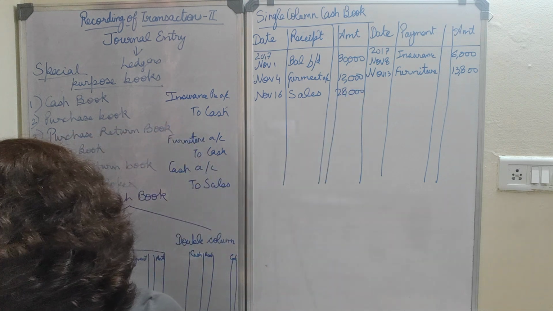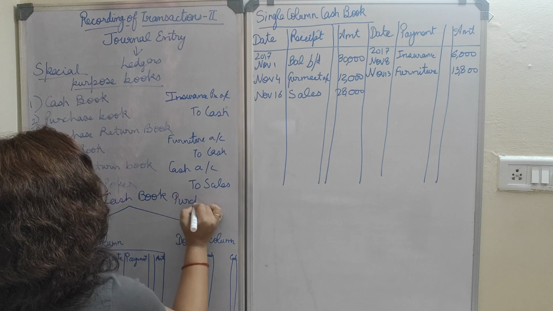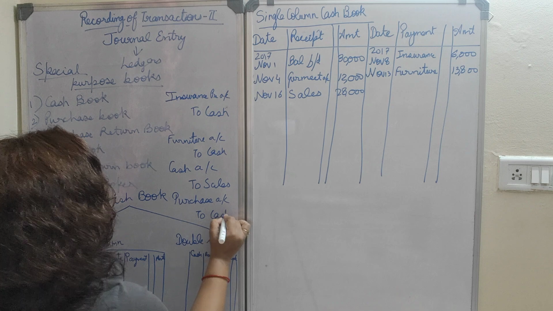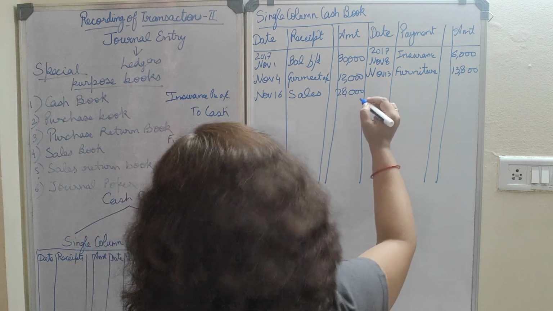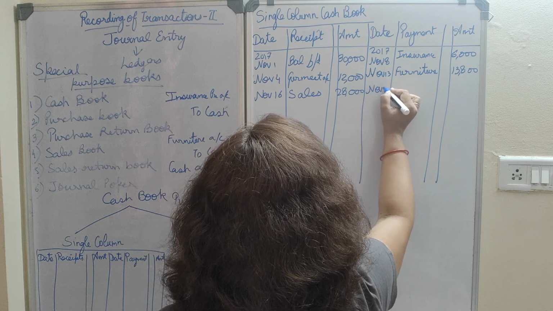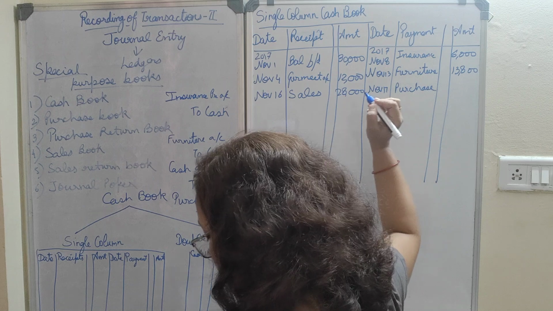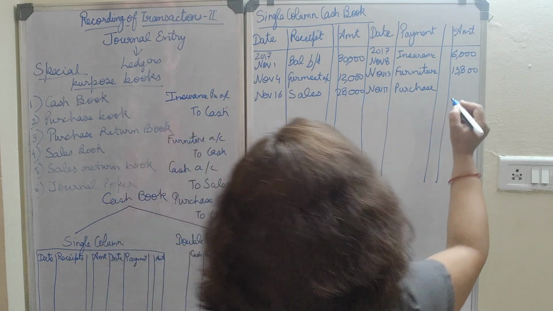Now next is purchase goods from Mudit in cash. So entry will be purchase account debit to cash. Then purchase will come over here, and the date is November 17. Purchase for cash, 17,400.